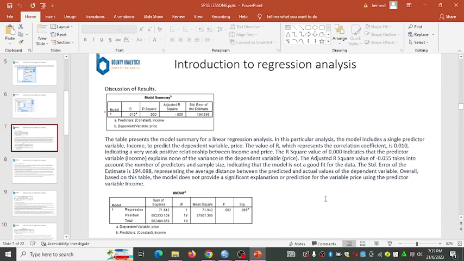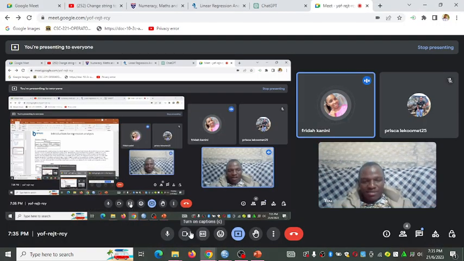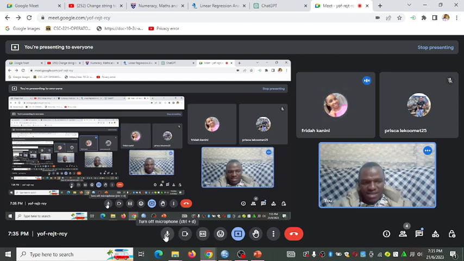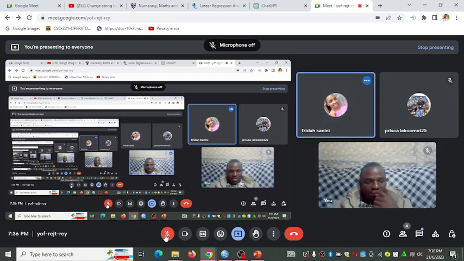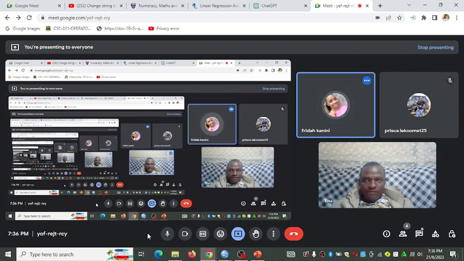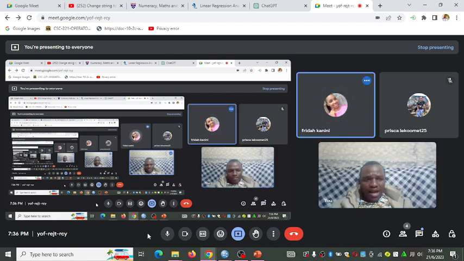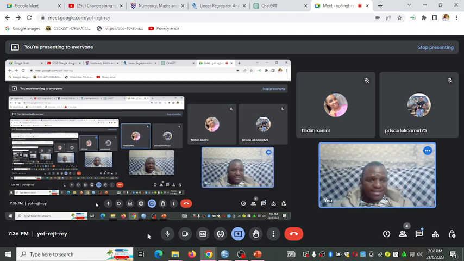We calculate the standard error of the estimate based on the predicted point and the actual point, that is, how far the points are from the line of best fit.